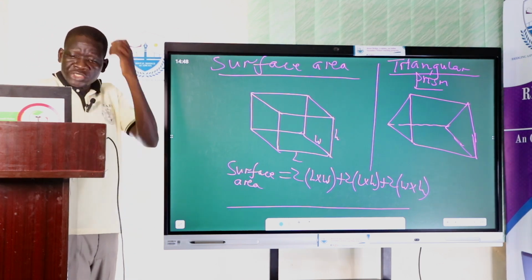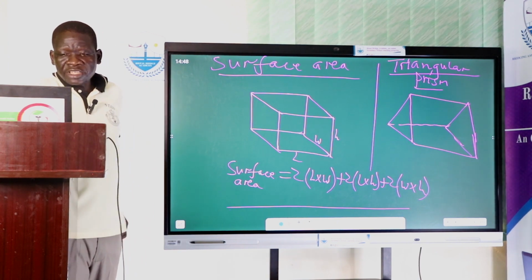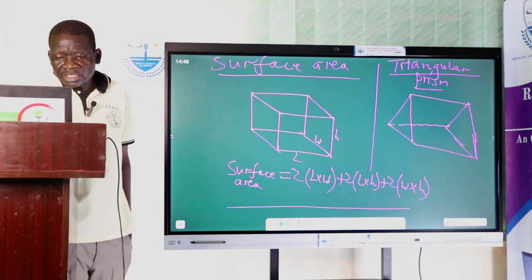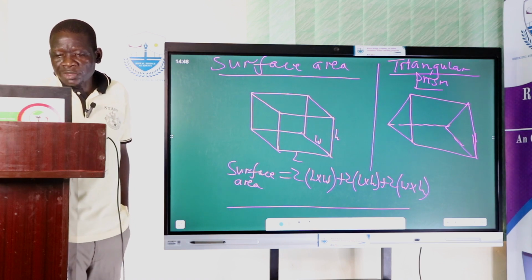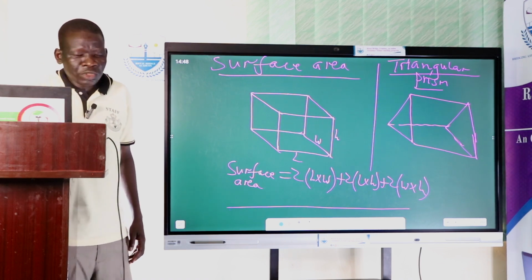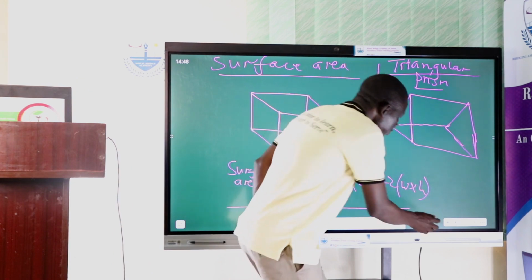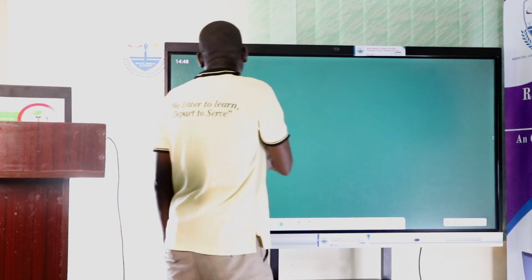So there is a question which says find the surface area of the triangular prism shown below. Example.